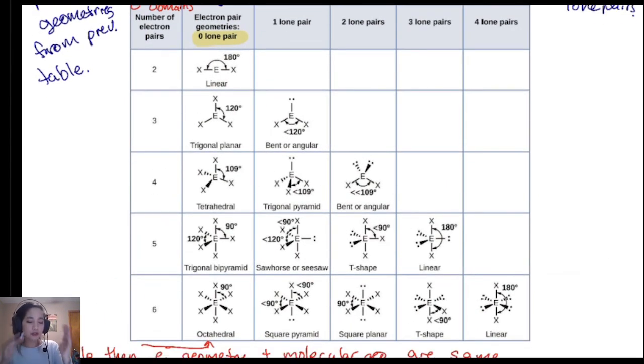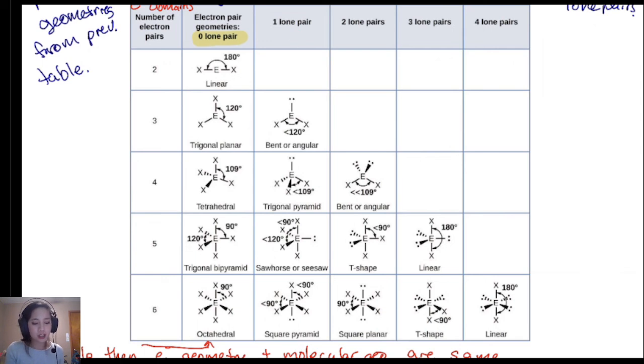Once you define the electron geometry, you don't have to adjust anything in the molecule to figure out the molecular geometry because they're the same. Where things change is when we have 1 lone pair in our Lewis structure.